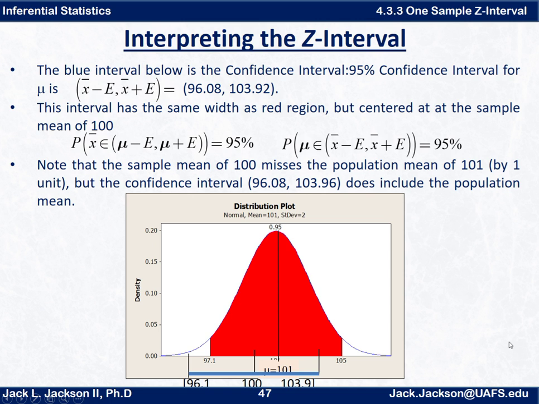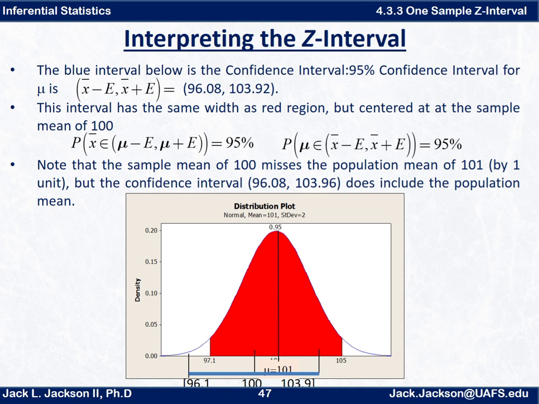Now let me illustrate that. Going back to the original curve, if we assume that, unknown to the researchers, the true mean is 101 and the true standard deviation of the x bars is 2, then we have graphed here the distribution of the sample means, the distribution of the x bars. And notice, as we developed in the last video, this red area is our confidence level, 0.95.